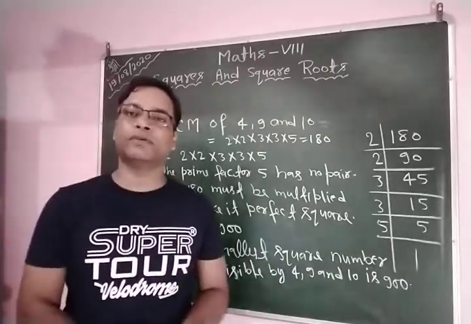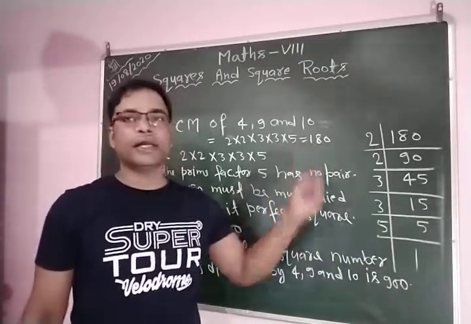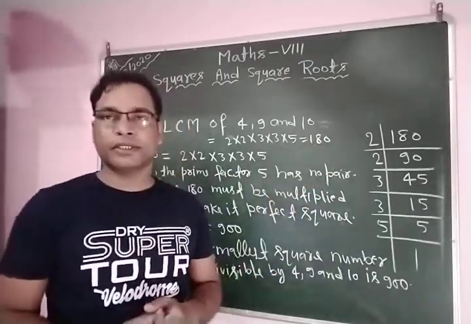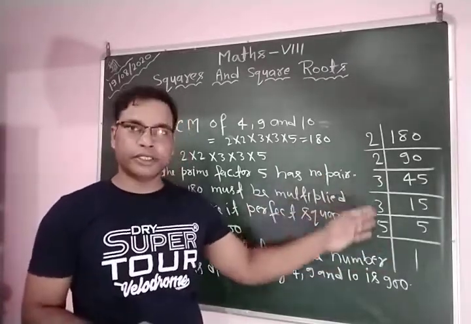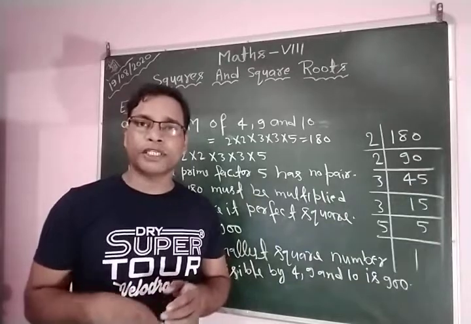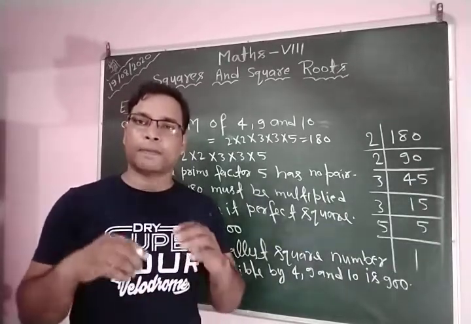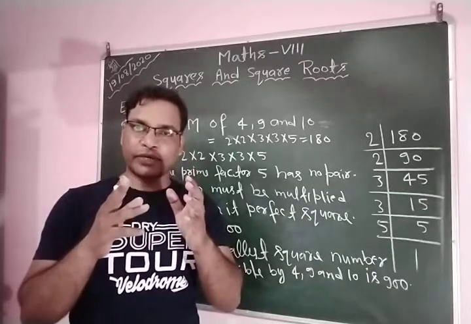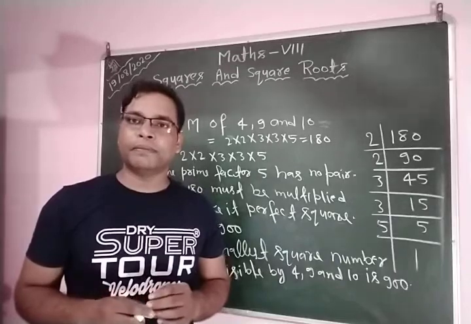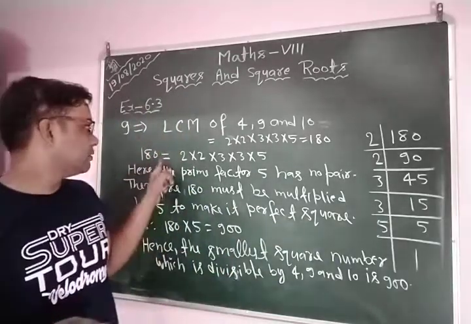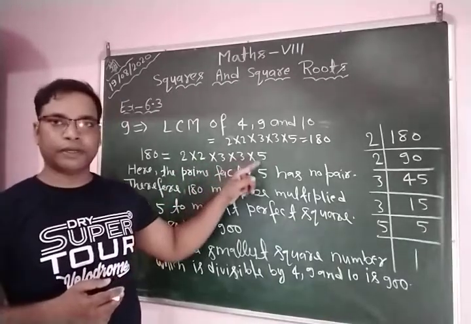For this we need to find the smallest square number which is divisible by 4, 9 and 10. First we find the LCM of 4, 9 and 10, and we obtain 180. After this we find the prime factorization of 180. Then we express 180 as a product of prime factors: 2 into 2, 3 into 3, 5.